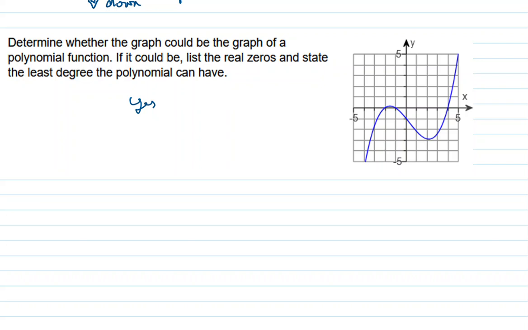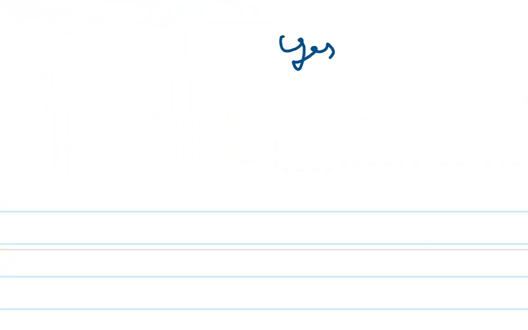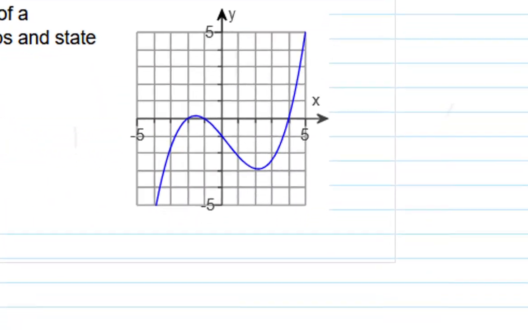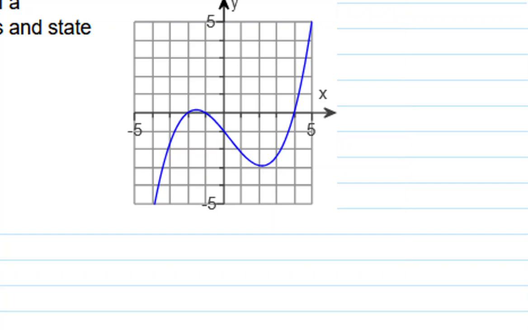All right. If I looked at it real close, I have a 0 at -1 and a 0 at -2 and a 0 at +4. Is that true? Okay.